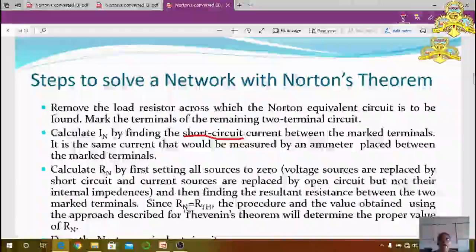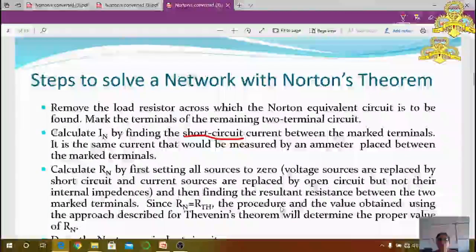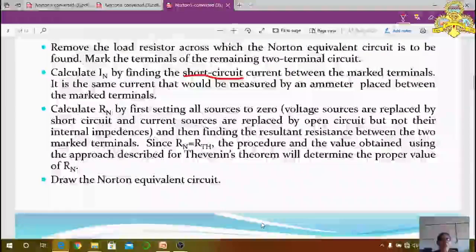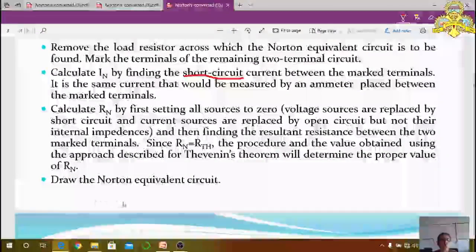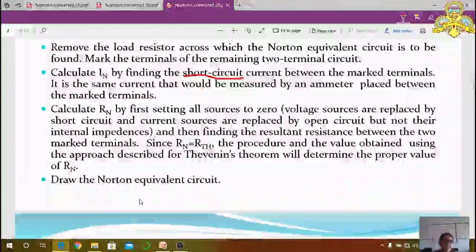Here Rn is nothing but RTH. Rn is Norton's resistance, which equals Thevenin's resistance RTH. The procedure and the value obtained using the approach described for Thevenin's theorem will determine the proper value of Rn. After that, you draw the Norton's equivalent circuit.